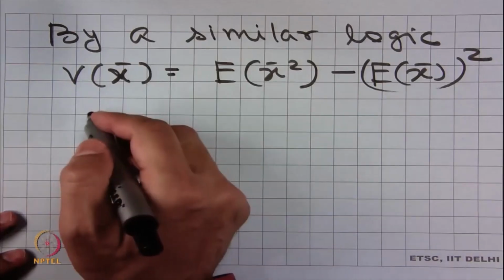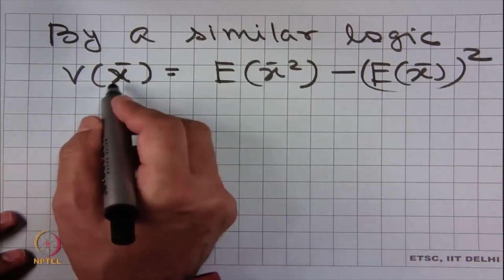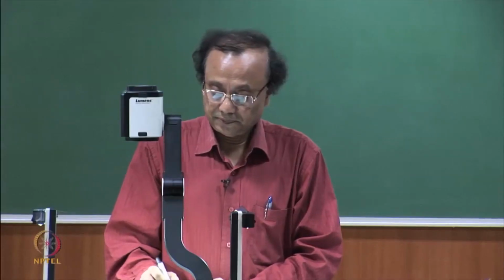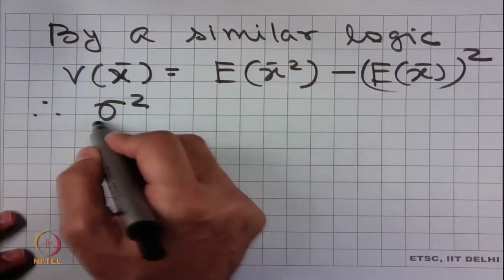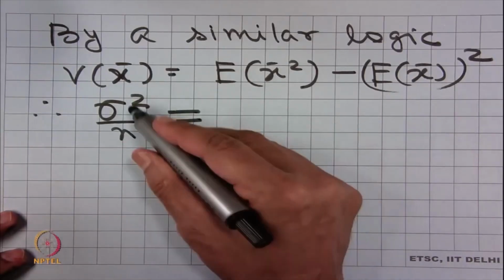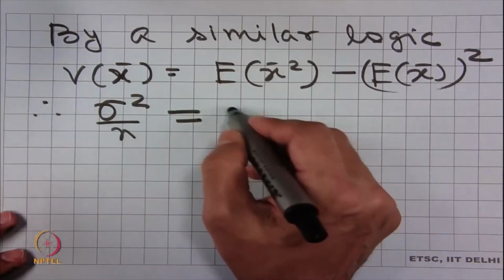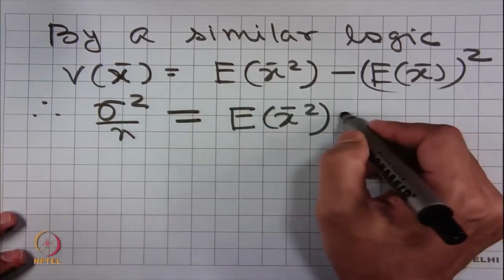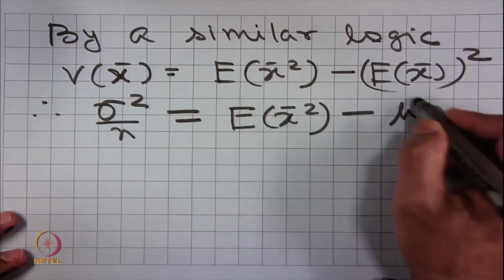And we know that variance of x bar is equal to sigma square by n. Therefore, sigma square by n is equal to expected value of x bar square minus mu square.